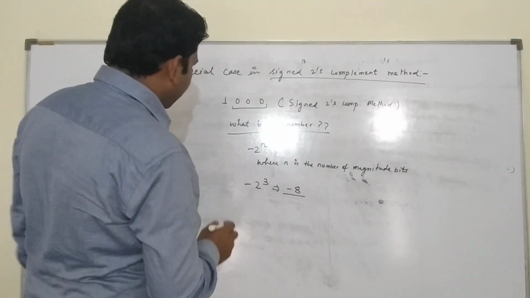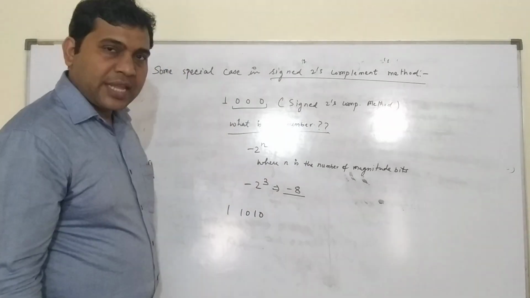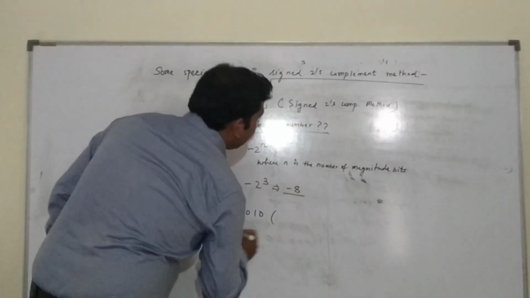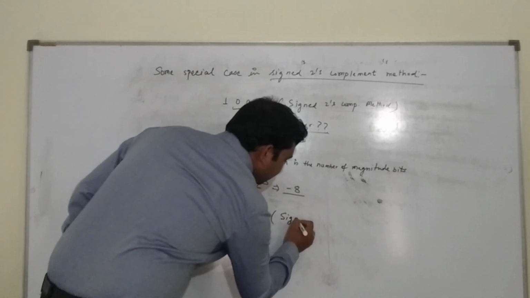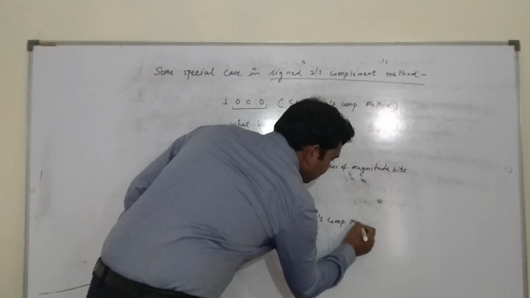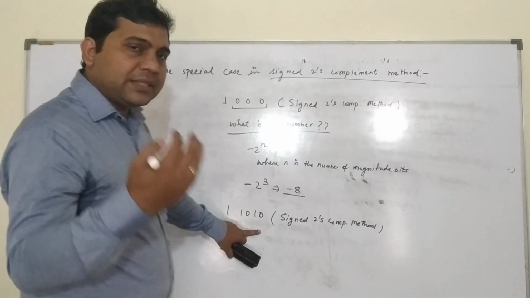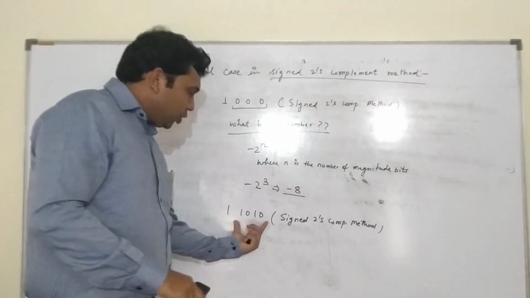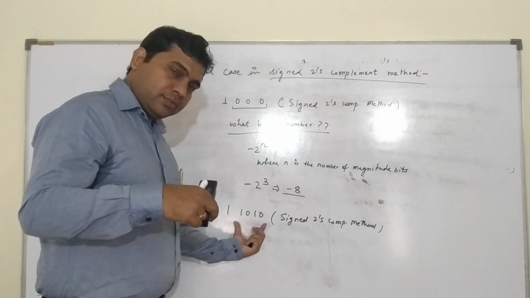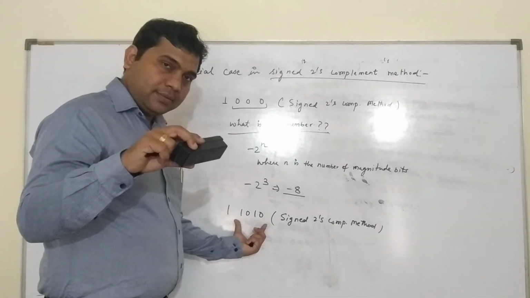However, if the number is given like this, and it is also written in the signed 2's complement method, then how to find the number? The method is the same. Take the 2's complement of the magnitude and put the minus sign.